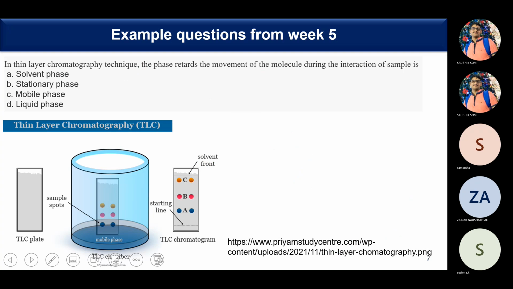Okay. In thin layer chromatography, which phase governs the movement of the molecule during interaction of the sample: solvent phase, stationary phase, mobile phase, or liquid phase? Now, what is thin layer chromatography? This is a TLC plate which is formed with silica gel.